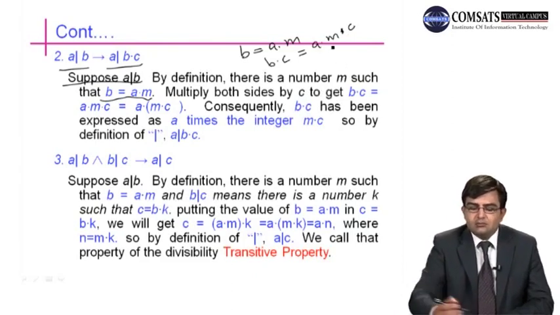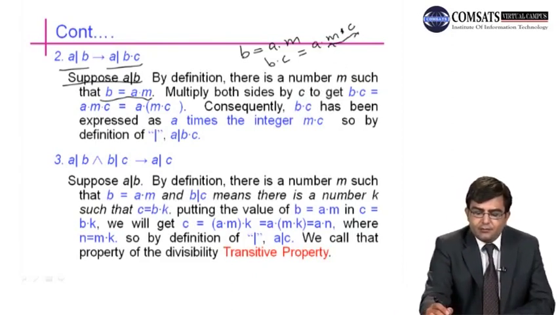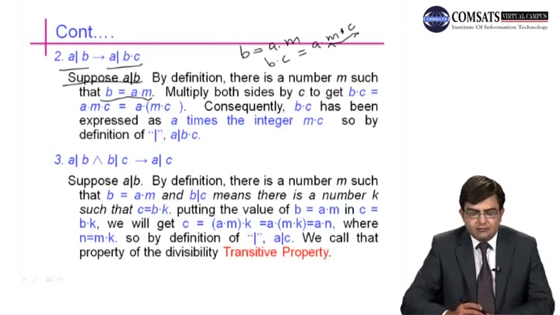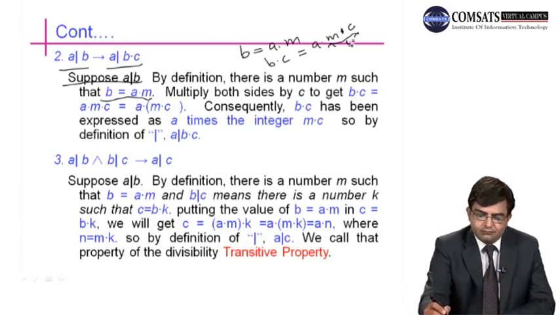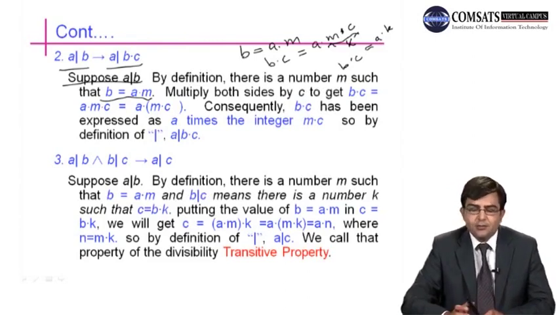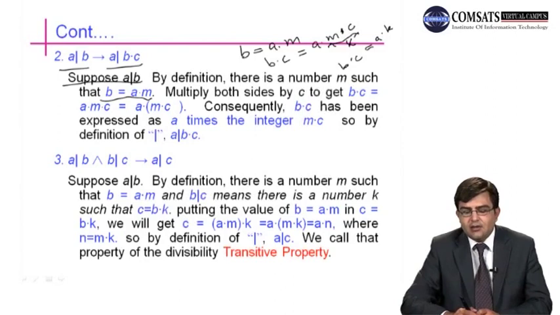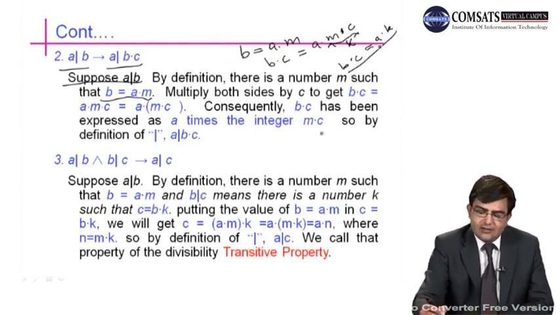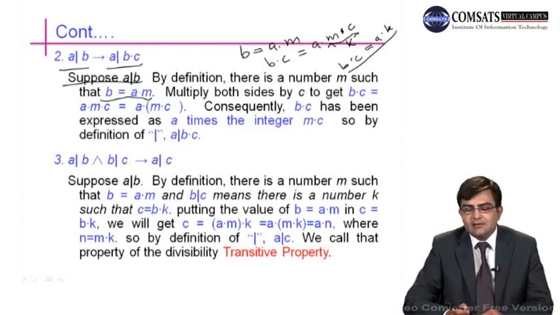Now if we take m into c as some other integer k, then b into c can be written as a into k. How can we write k? As we know that m is an integer, c is an integer, and the product of two integers is again some other integer, so we can write m into c as k. So now we see that b into c can be written as the product of a and some integer.